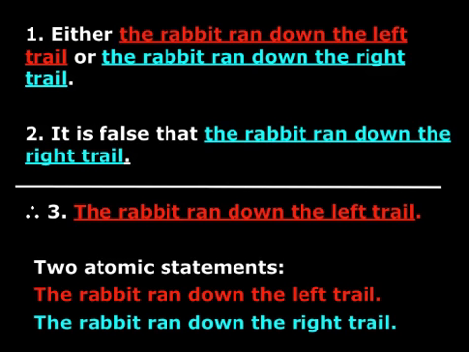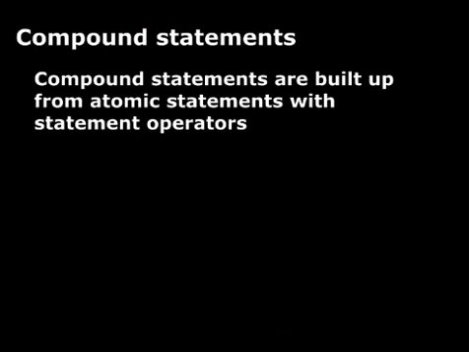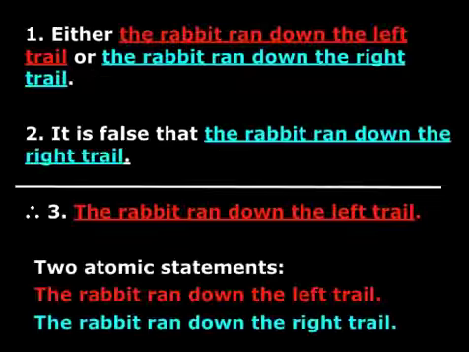Now, this leads to the next point, which is that compound statements are built up from atomic statements with statement operators. So here's an example. This is a compound statement, and it is built from parts. It has atomic statements that you could think of as glued together or built with this operator here, this either-or.